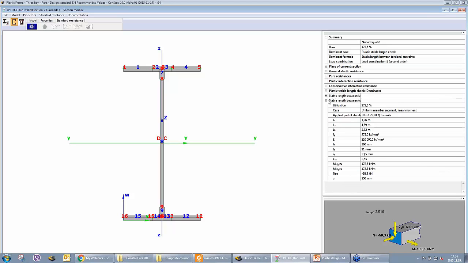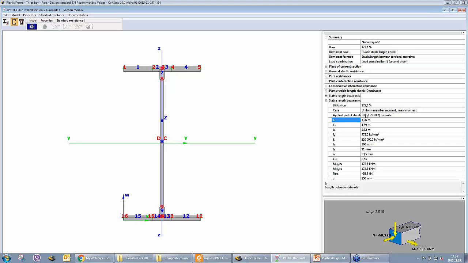But what is the situation between the torsional restraints? The calculated LS, stable length, is 4.59 meters, which is lower than the length between the torsional restraints, which is practically the whole length from the end of the hinge.